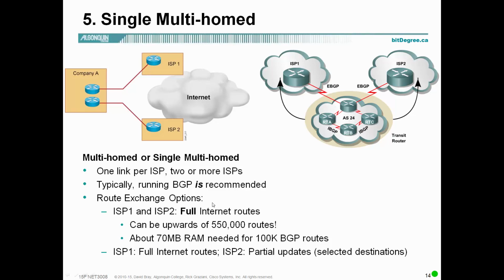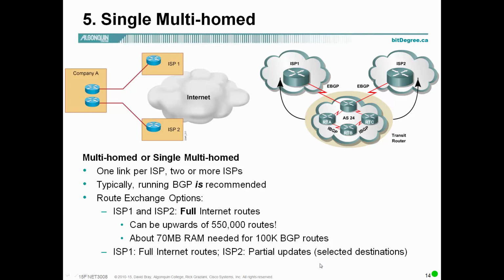The other option you have is that you could take one provider and have full internet routes through one, and then through the other one maybe it's just your backup provider, and so you might have only partial updates to selected destinations through that provider. Now, what do we mean by that?